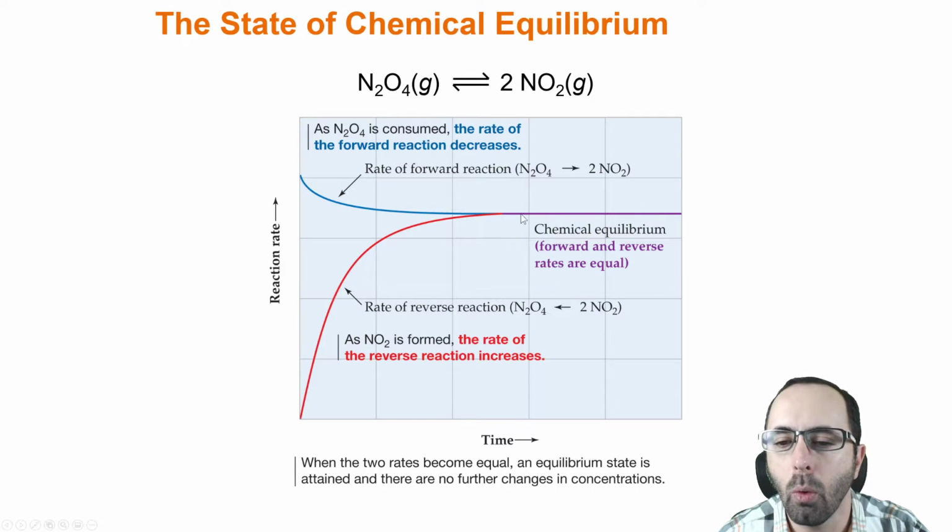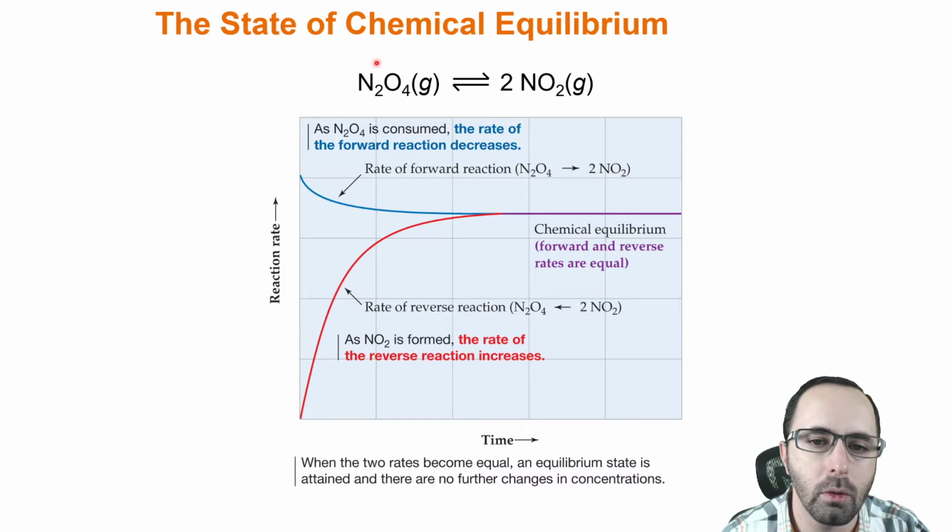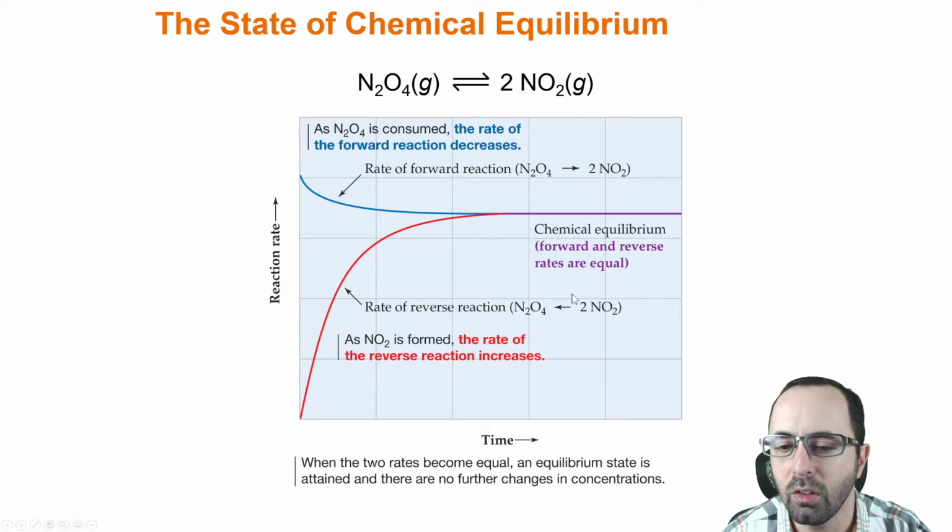So overall, once the chemical equilibrium is reached, products like NO2 here are being made as quickly as they're being used up in the reverse reaction. So overall, it looks like the concentrations of N2O4 and NO2 are not changing.